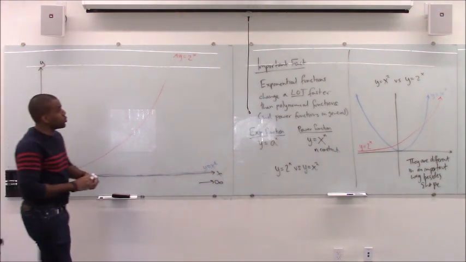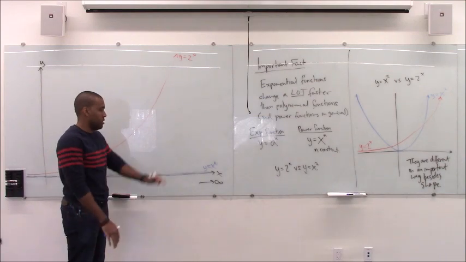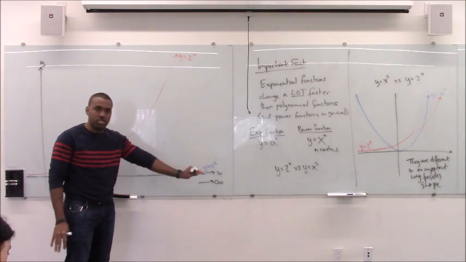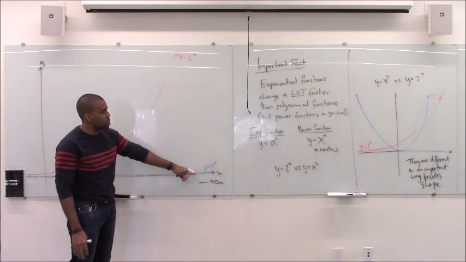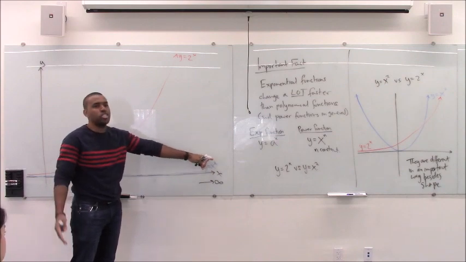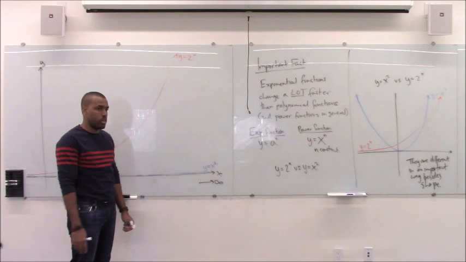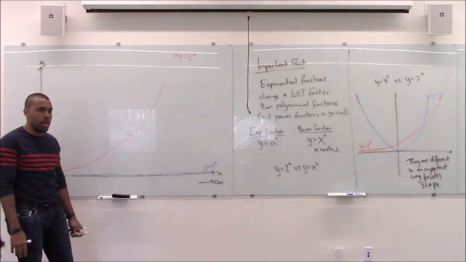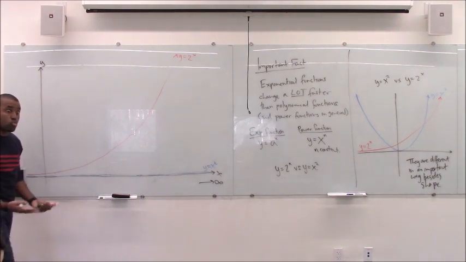So 2 to the x will outgrow x squared in spectacular fashion. x squared, relatively speaking, it's 0. And in fact, 2 to the x will outgrow any polynomial. Any polynomial. Even if you have x to the 1,000,000th power, it doesn't matter. Eventually, this is the situation you're going to find yourself in. x to the billionth power, doesn't matter. 2 to the x will be larger than that. Exponentials grow really, really fast.